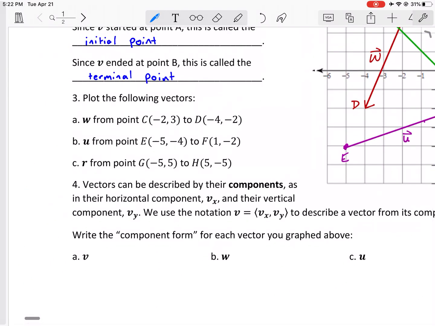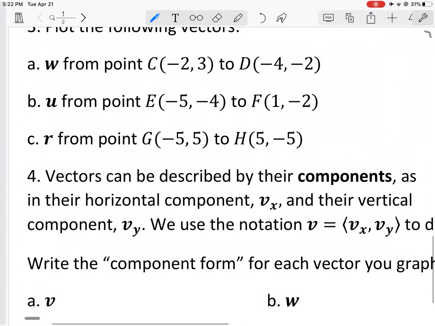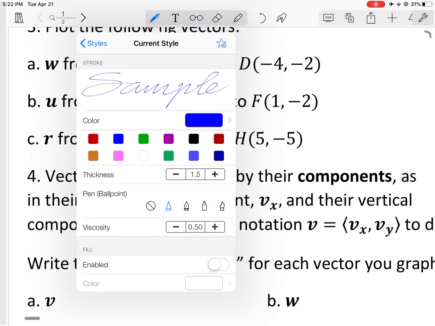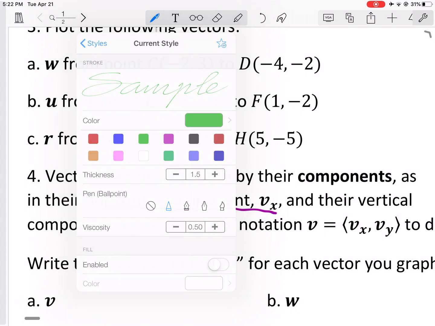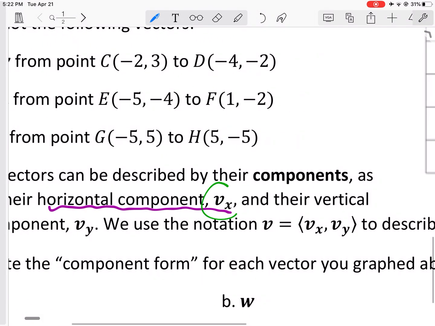All right, so number 4, it's saying vectors can be described by their components. When I say components, I mean their horizontal component, v sub x. I'm just going to do this with a little bit of color coding here. So the horizontal component, we call this v sub x.